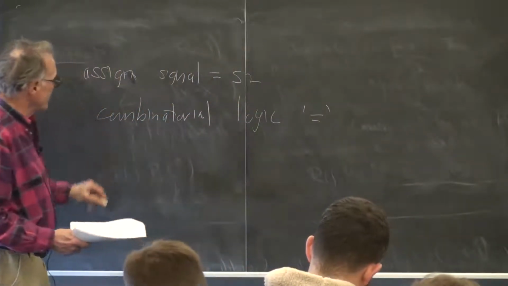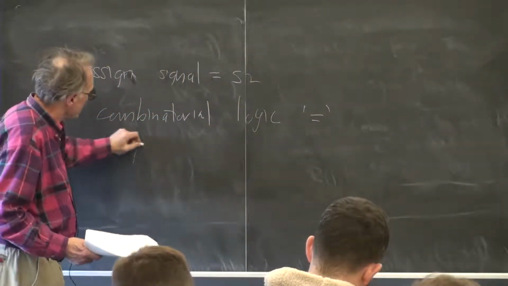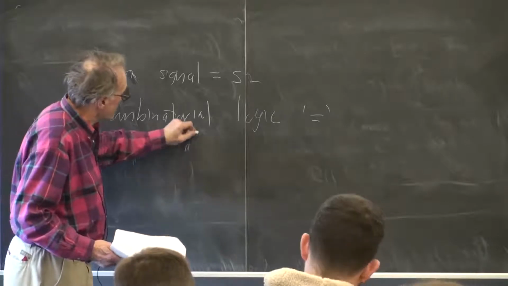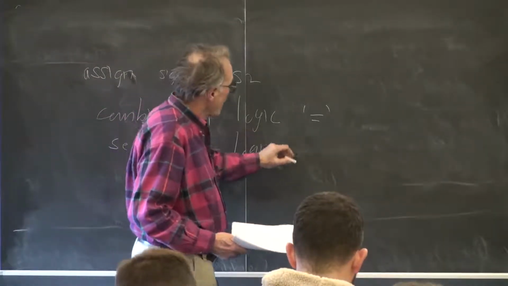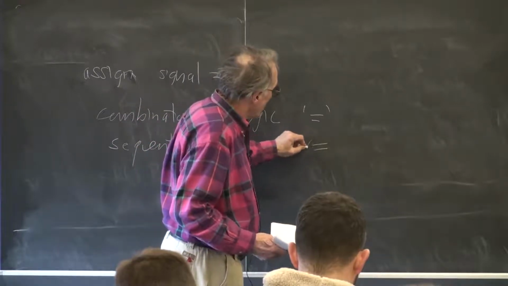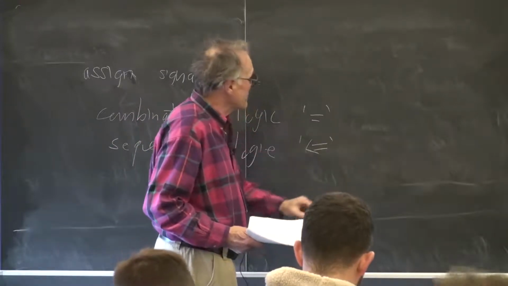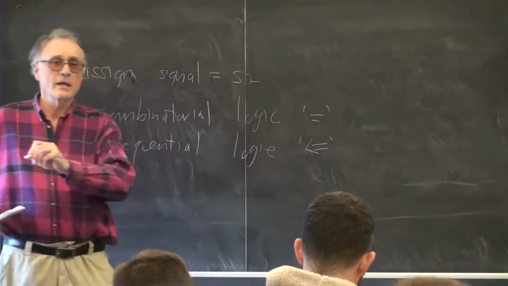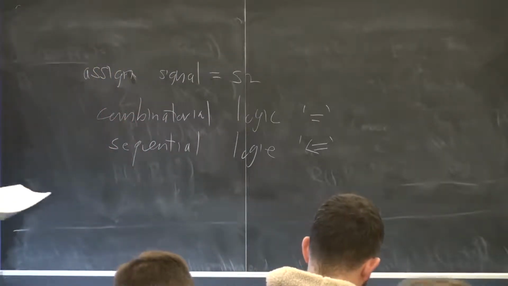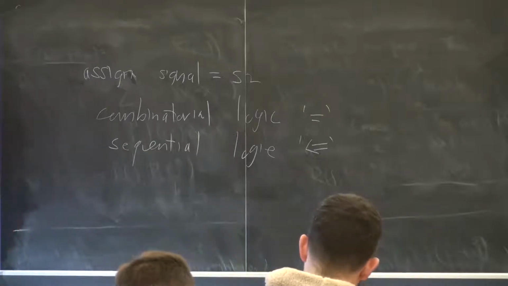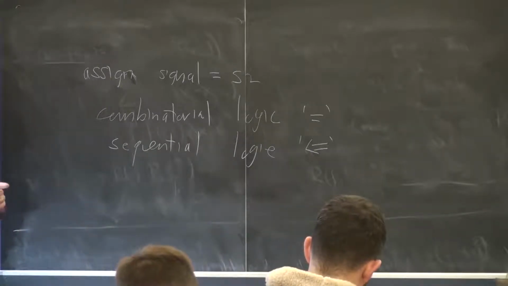If you're modeling sequential logic, in other words, clocked logic, you are highly advised to use a non-blocking assign. And unless you want to just shoot your foot off, never mix those in a block.